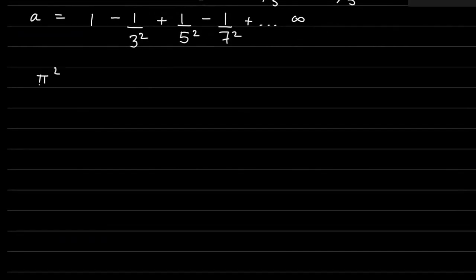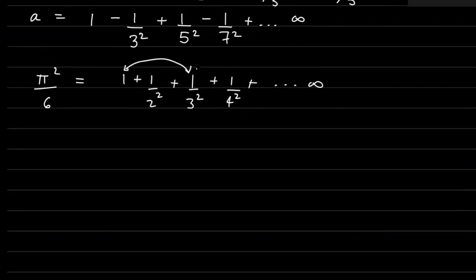Okay. But we are given the following relation, that pi square by 6 is equal to 1 plus 1 by 2 square plus 1 by 3 square plus 1 by 4 square up to infinity. So what I'm going to do is, as we can see that we only need odd terms, we'll club all the odd terms, and we'll club all the even terms.